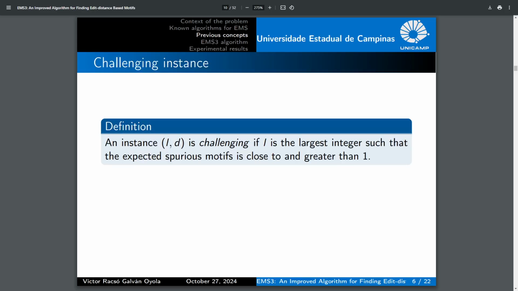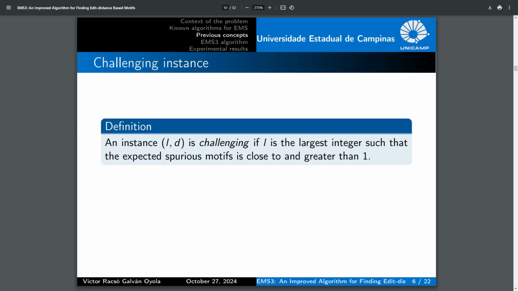Now, it's important to define the parameters. We are going to have a parameter L and a parameter D. In this case, L is the size of the string that is going to be a motif, and remember that D is going to be the maximum edit distance between this motif and the substring in the biological sequence. So choosing D to be small or big influences the number of spurious motifs.